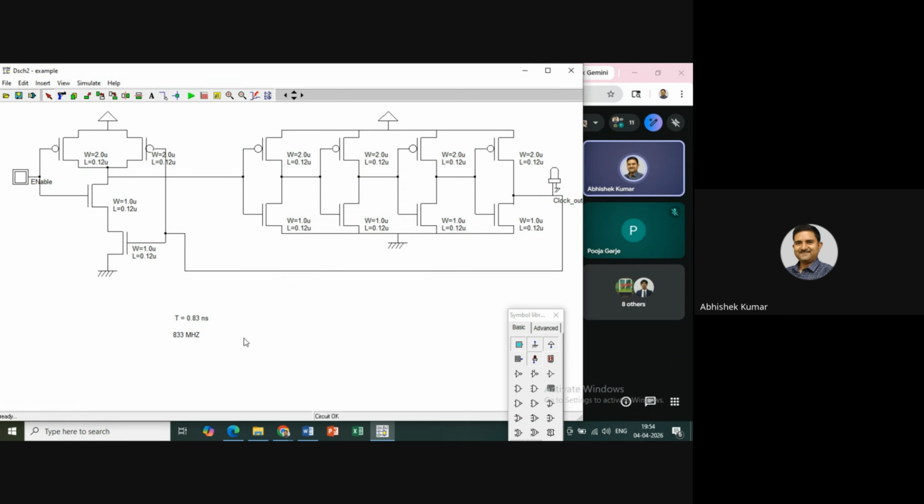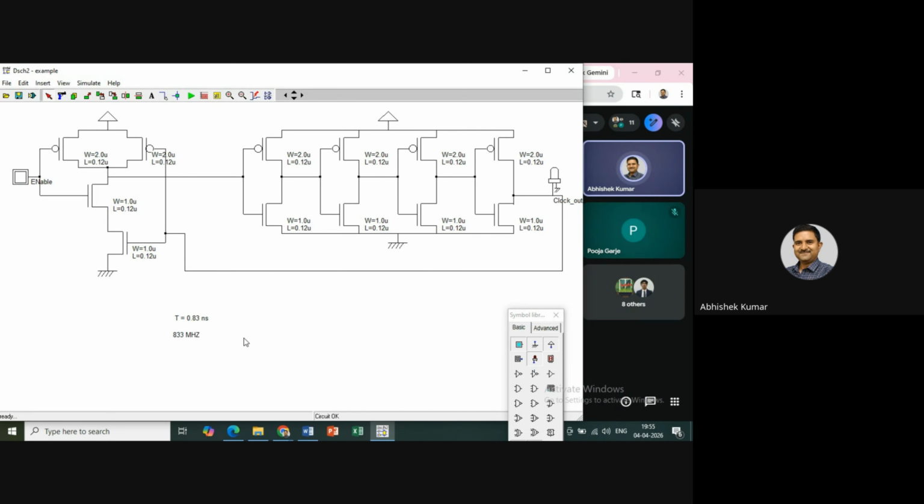Okay. So now, what is the expectation from you? Try to learn this ring oscillator circuit and try to generate different ranges of frequency. Here I have done the experiment with only five inverters. Try to make different types of inverter chains, like seven stage, 11 stage, 19 stage.